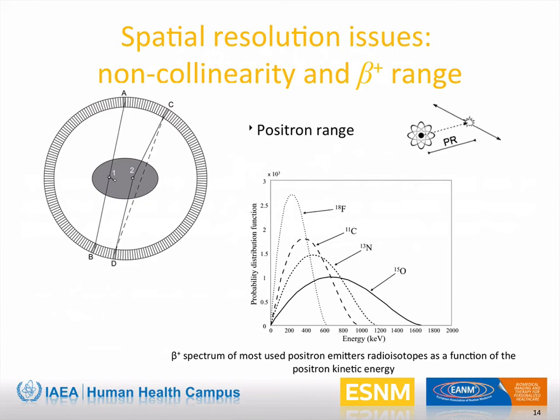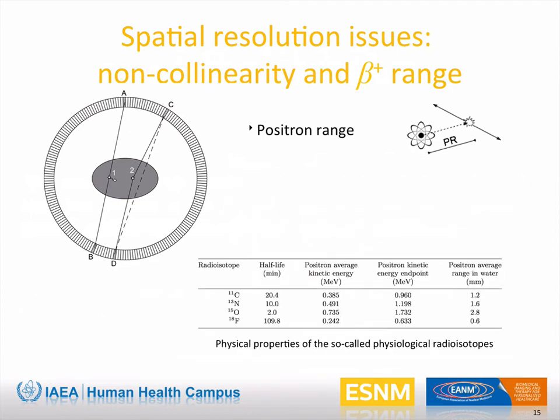Finally, the positron reaches thermal equilibrium with the medium, and then an annihilation with an electron occurs. The total path of the positron is called path length, whereas the distance between the emission point and the position where thermal equilibrium is reached is called range. The range of the positron depends on the energy and atomic number of the medium.